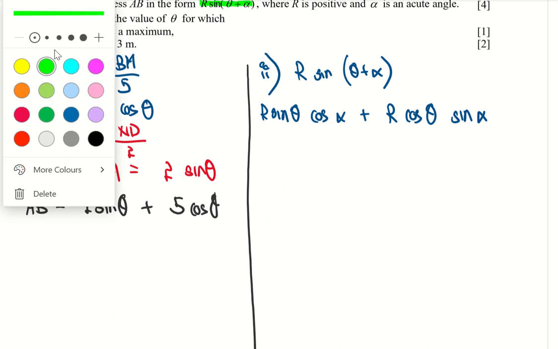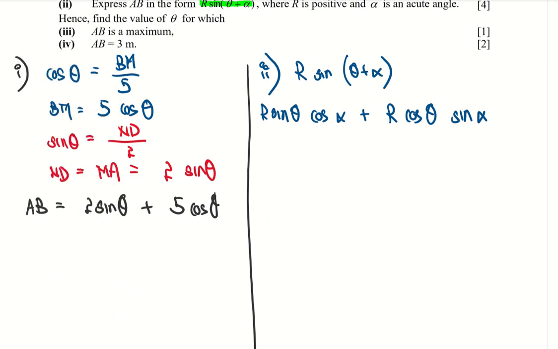Now I'm going to do comparison to see how we can do the next few steps. First up, let us compare sine theta with a sine theta over here. Let us write the coefficient out. It seems that the coefficient of sine theta is equal to 2.